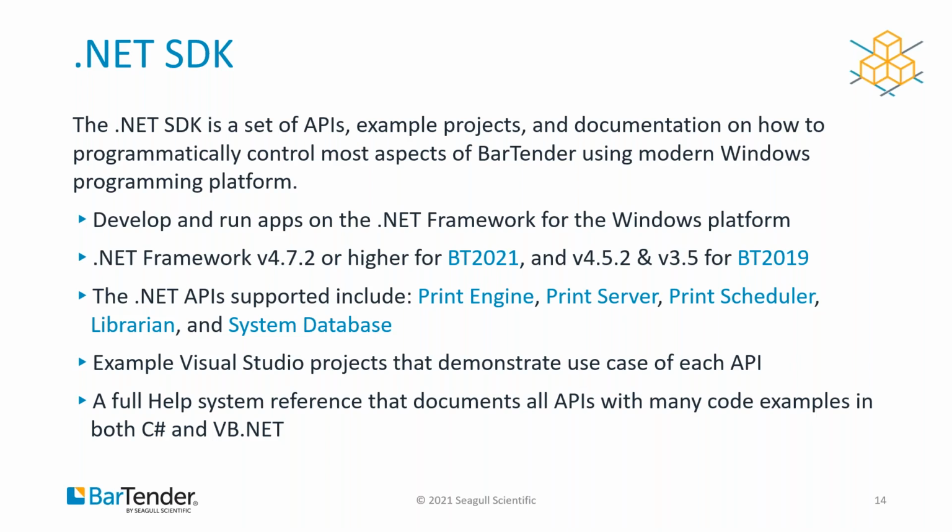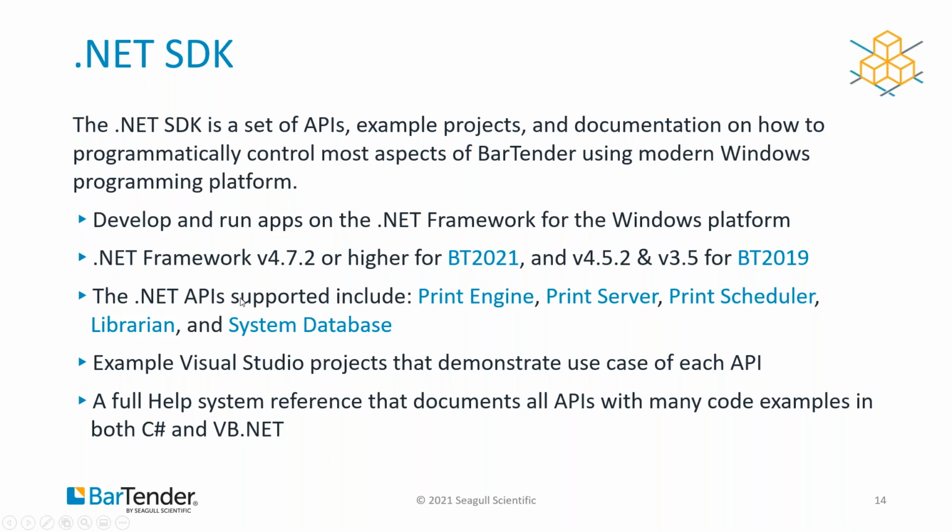And with BarTender 2021, the version of the .NET framework is 4.72 or higher. With BarTender 2019, the version of the .NET framework was 4.52 and 3.5. So with the newer versions of BarTender, you need to update the .NET framework for your computer.